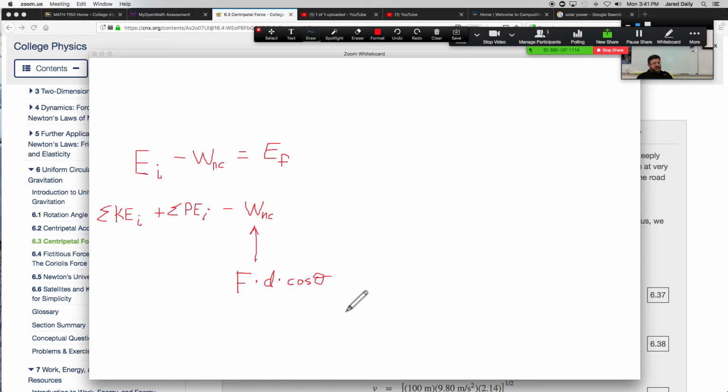Remember that equation for work, F d cosine theta. You might have to use the definition of work yourself and figure that out. And that's going to equal the sum of all the final kinetic energies plus the sum of all the final potential energies.